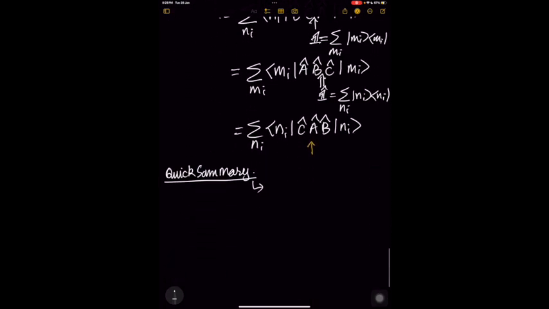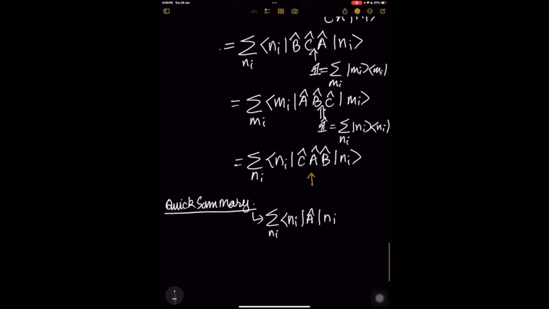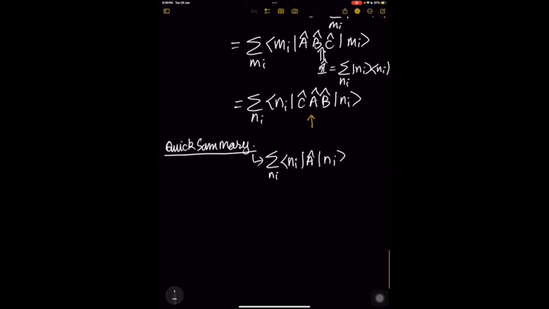A simple way to prove it would be to consider this: n sub I, a hat, n sub I is equal to, if you change the basis, m sub I, a hat, m sub I. This can be done very simply by putting in the resolution of identity and expanding it with the m sub I basis state, and then you get your result extremely quickly.